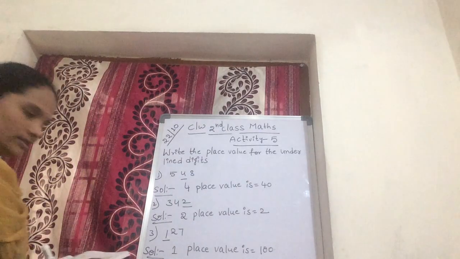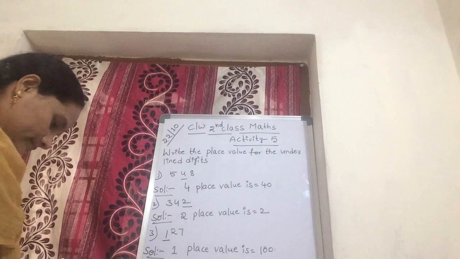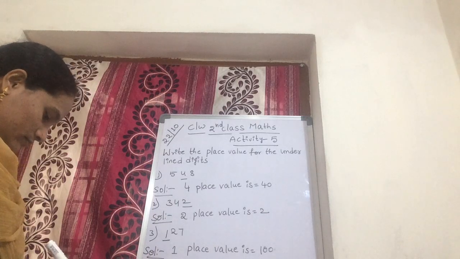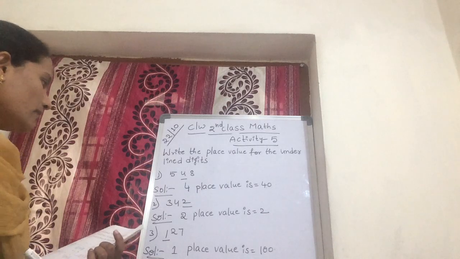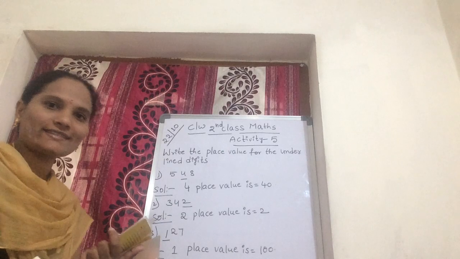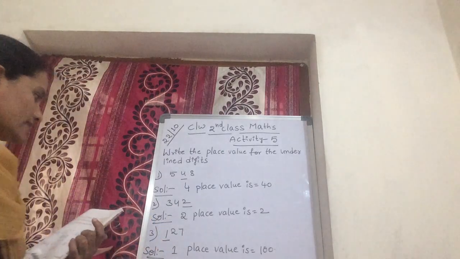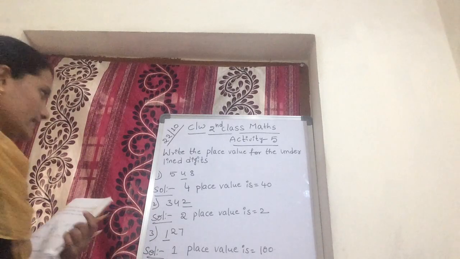Okay, now write down. Please copy in your classwork. 1 is in the hundreds place, so you get place value 100.